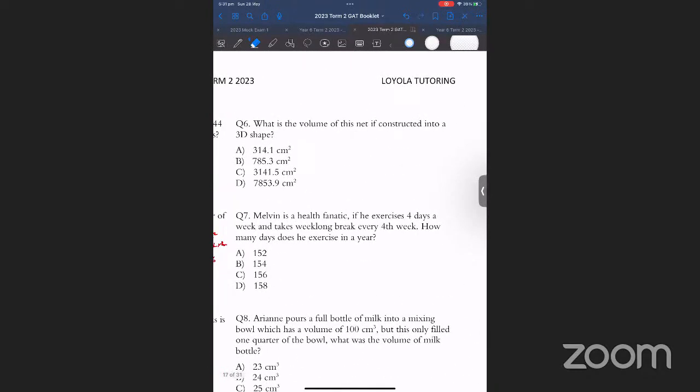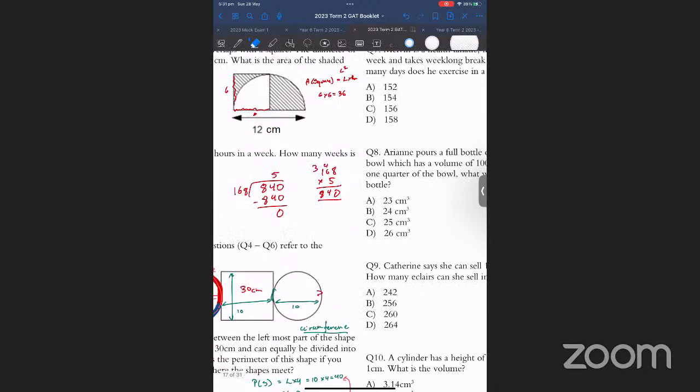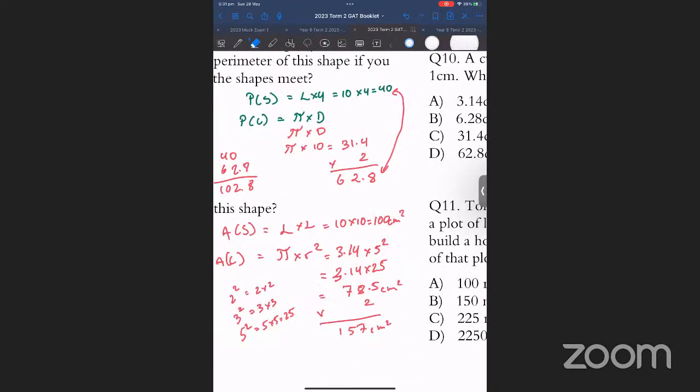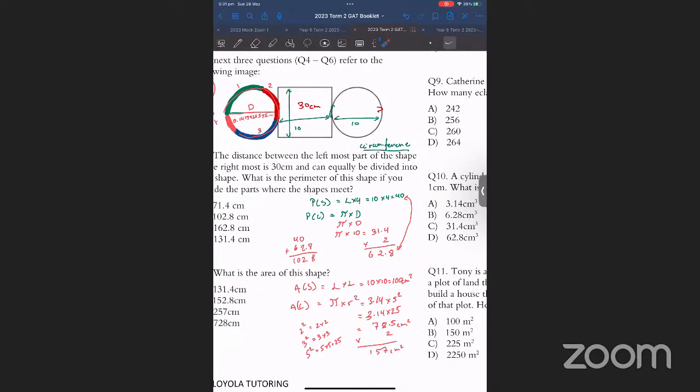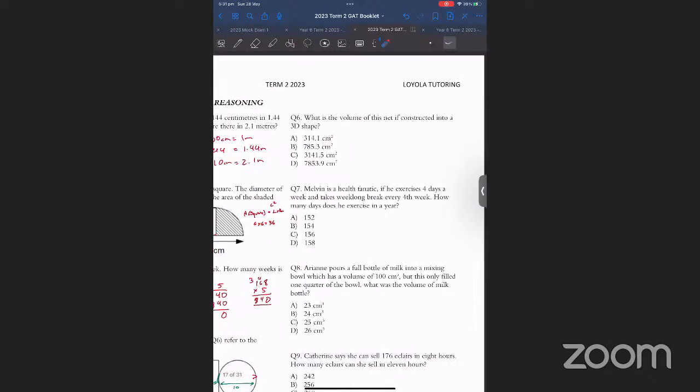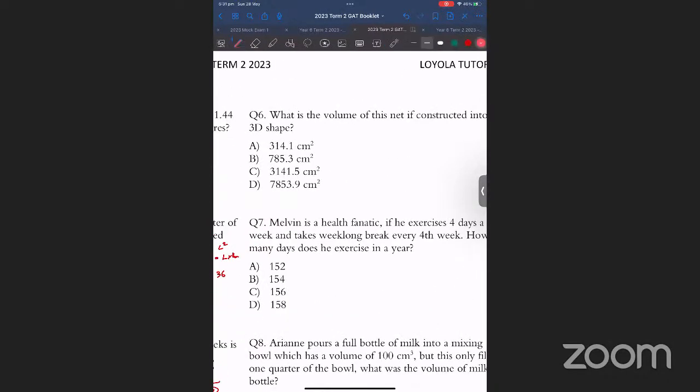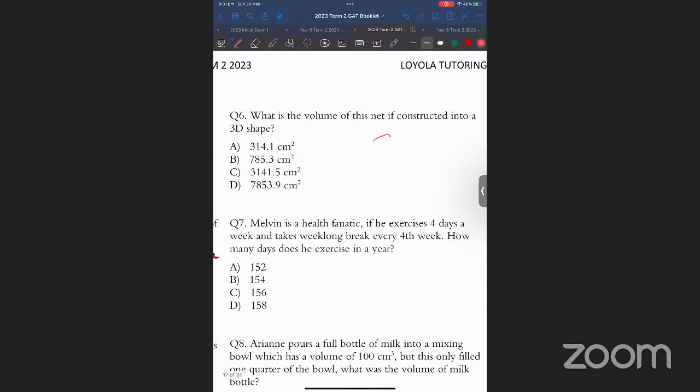All right. So in this question, we found the area of the circle. What was the area of the circle that we found? The circle was 78.5. Right. So we know that the circle here is 78.5.